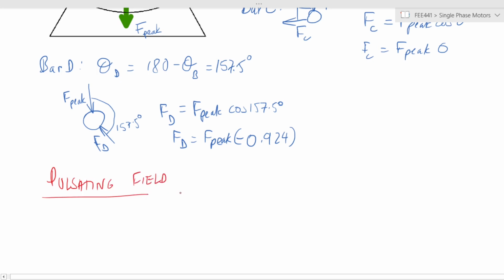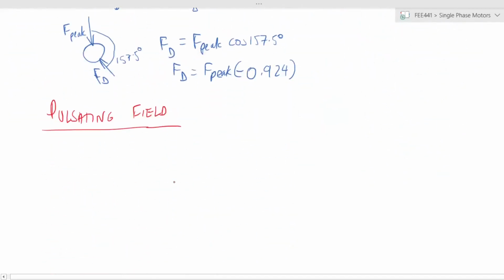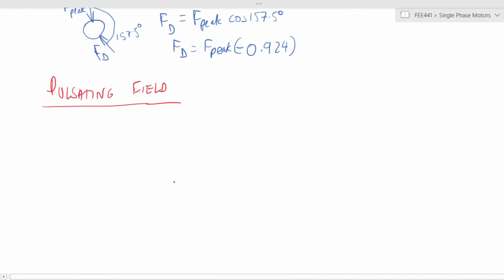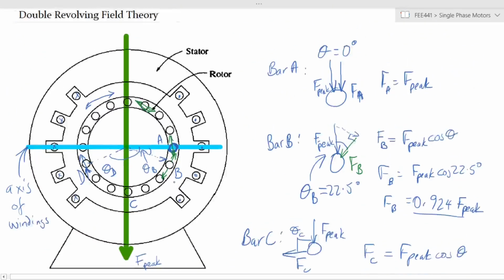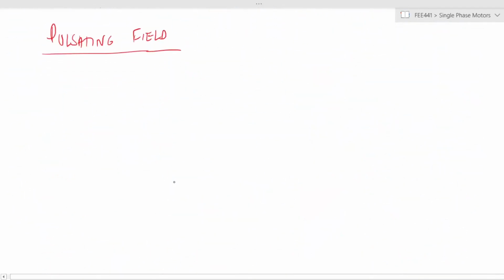We will have the magnitude of the field or the magnitude of the force changing with time, but we will not have the direction changing.